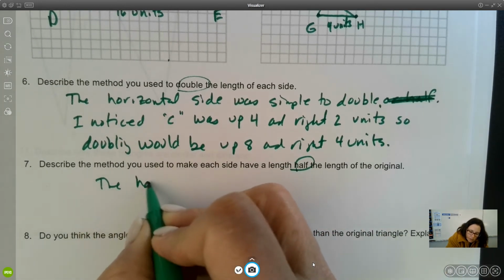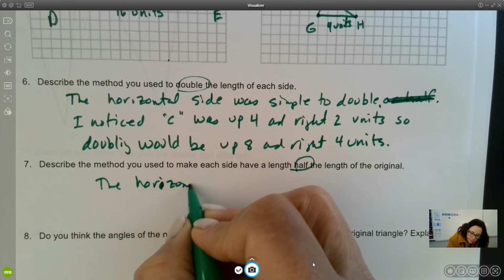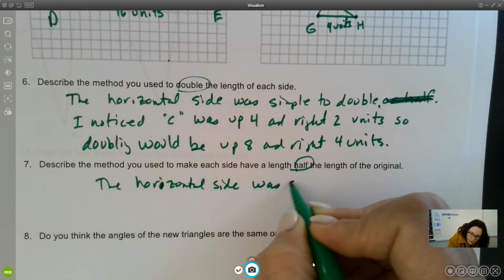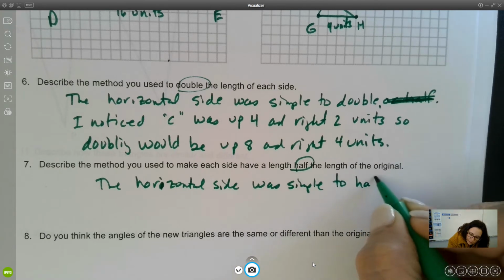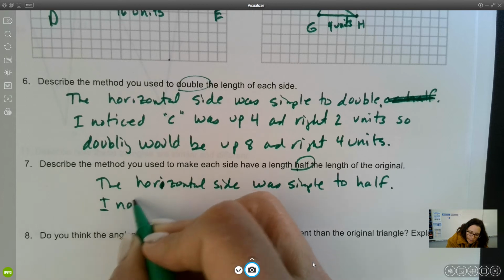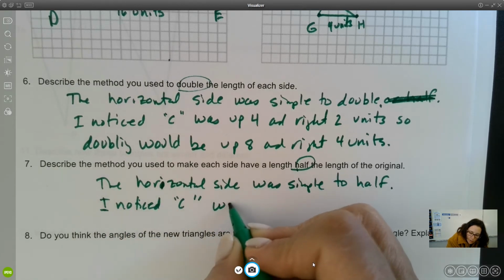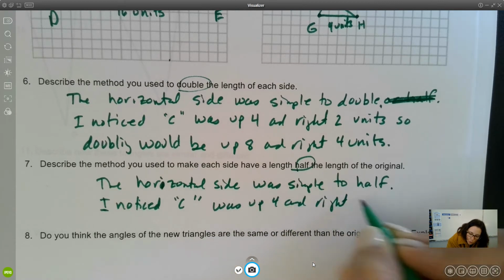Okay, similar for the half. The horizontal side was simple to half. I noticed C was up 4 and right 2 units.